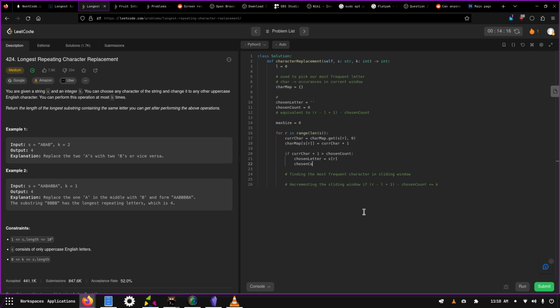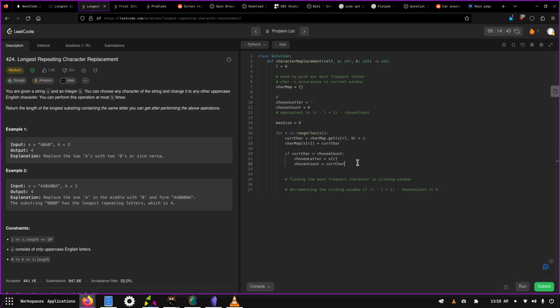chosen count is equal to char plus 1. Yeah, no, I'm just gonna do this. This is much more readable.